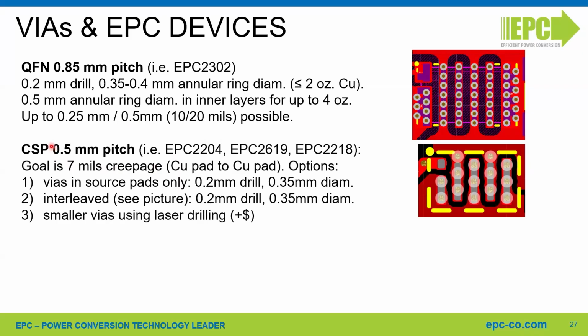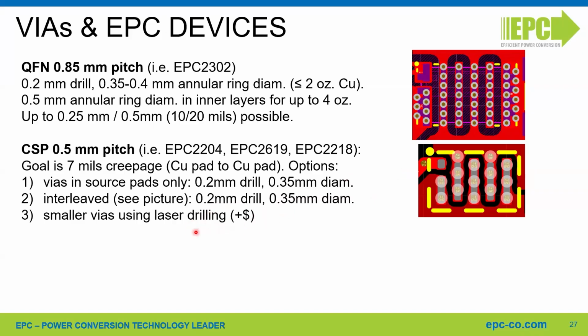Then we go to the next level, chip scale package with 0.5 millimeter pitch, like EPC2204, EPC2619, EPC2218. The goal is to have at least 7 mils of creepage copper to copper, and in this case, you either remove the vias from the drain or from the source, or you place them in a zigzag way in order to make more room for them.